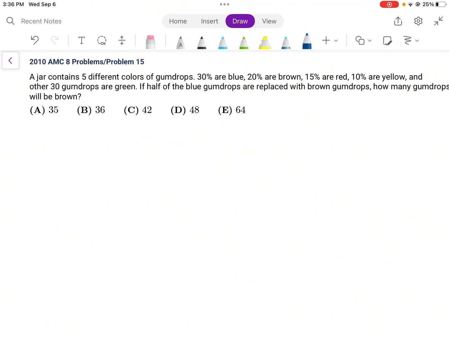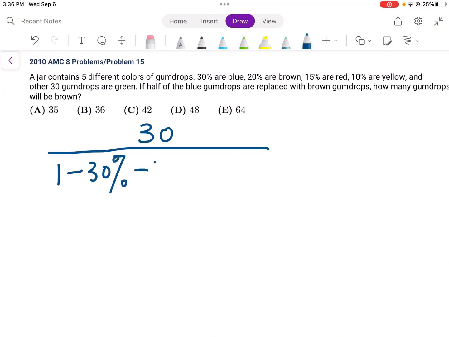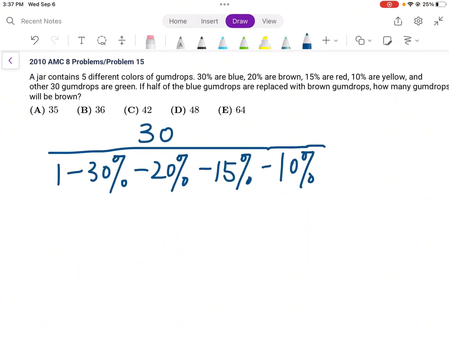We use the 30 gumdrops that are green, divided by its portion, which should be 1 minus the 30% blue, minus the 20% brown, minus the 15% red, minus 10% yellow, and that is 30 divided by 1 minus 75%, and that equals 120 gumdrops in total.